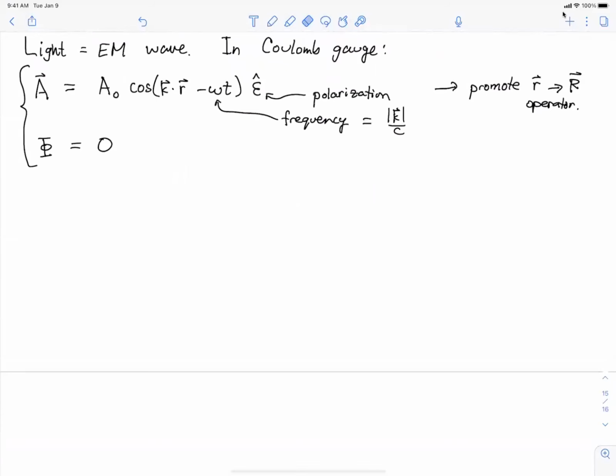And what you will find is that the electric field, which is going to be an operator, is the polarization vector. It's in the same direction as A when you're in Coulomb gauge, not necessarily when you're in other gauges, times E0 times a sine function, because you're taking a derivative.